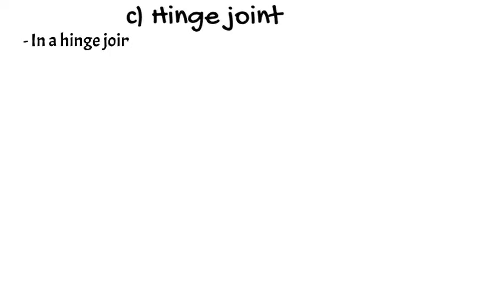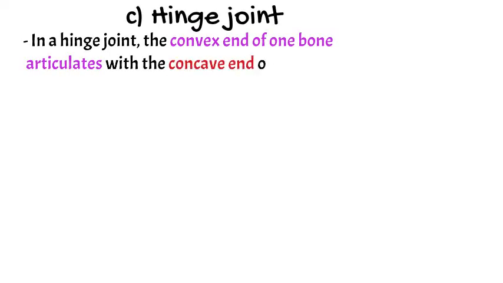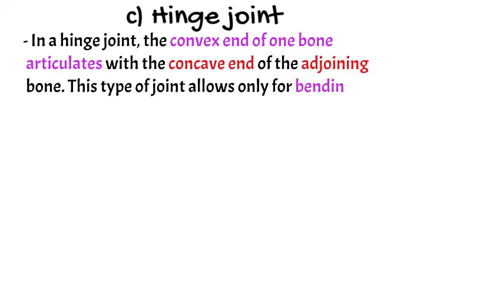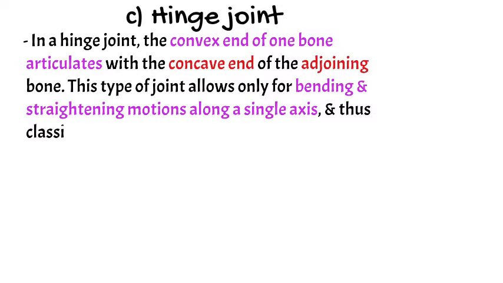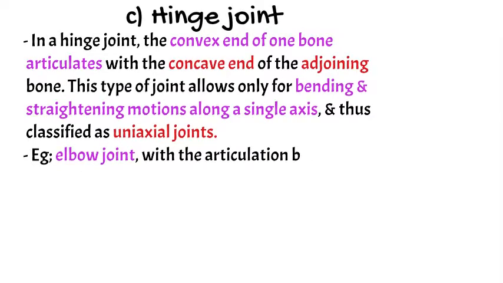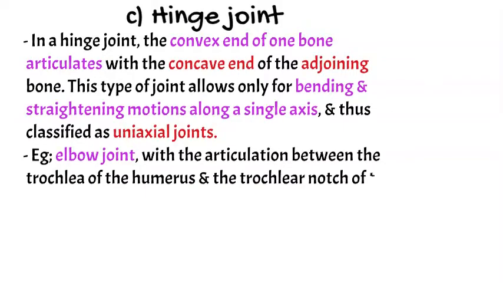C. Regarding the hinge joint. In a hinge joint, the convex end of one bone articulates with the concave end of the adjoining bone. This type of joint allows only for bending and straightening motion along a single axis, and is thus classified as a uniaxial joint.